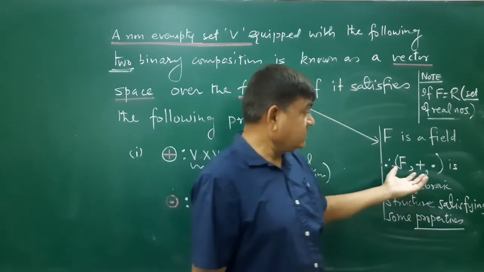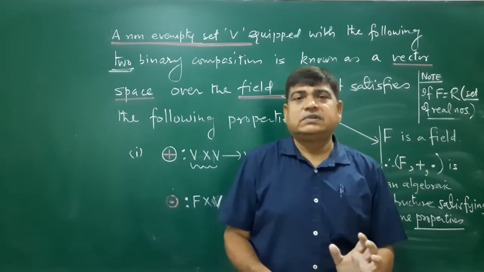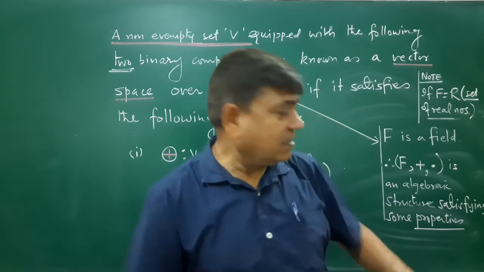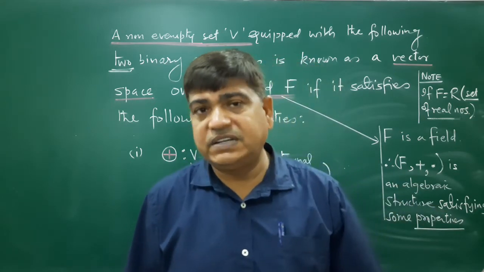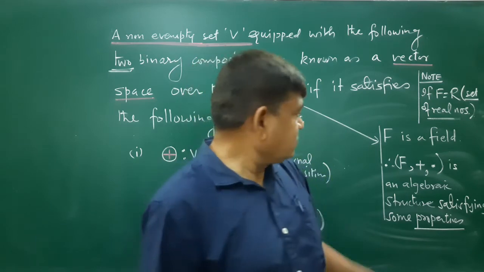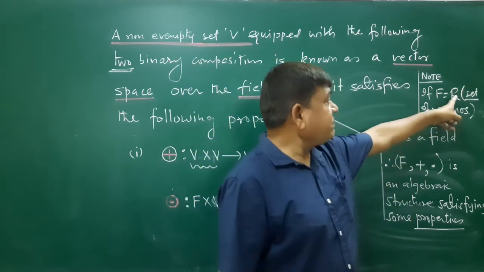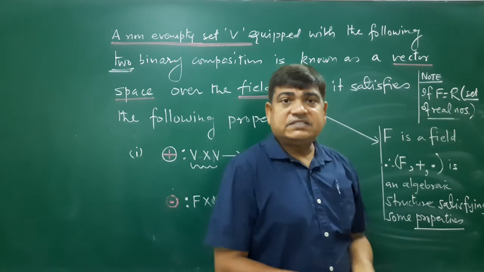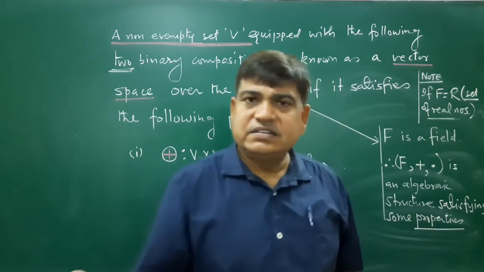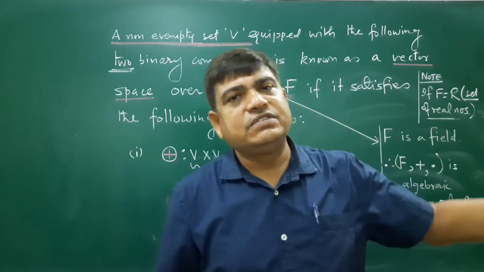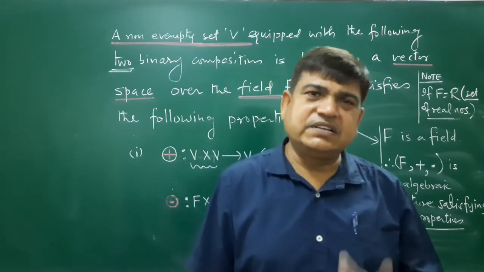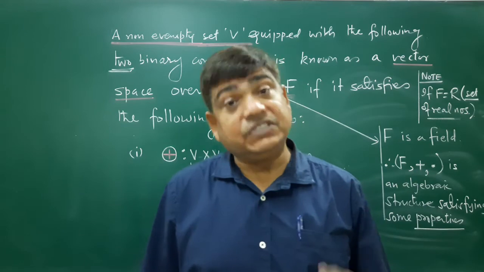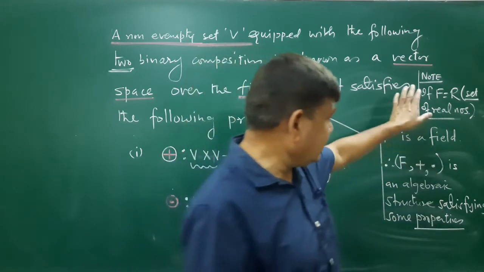That means you have all types of numbers except the complex ones. If F equals R, on the number line we have the numbers from minus infinity to plus infinity. All numbers we have: natural, integers, rational, irrational, 0 also.